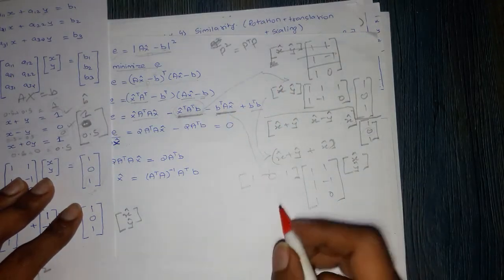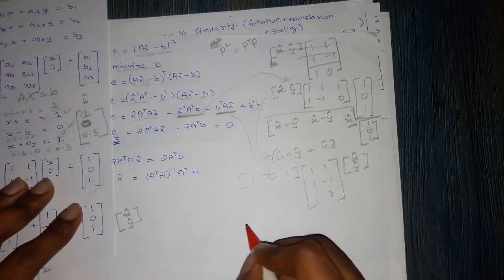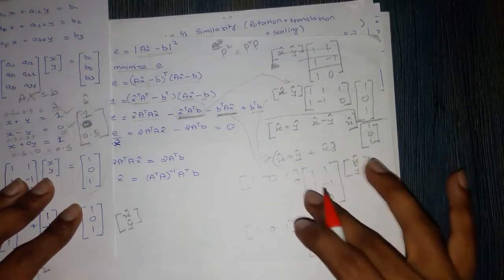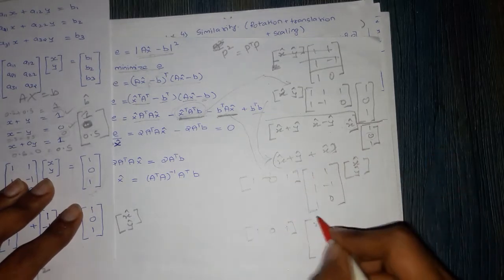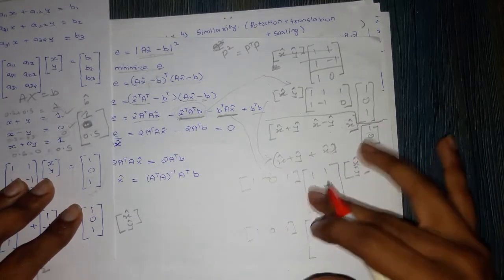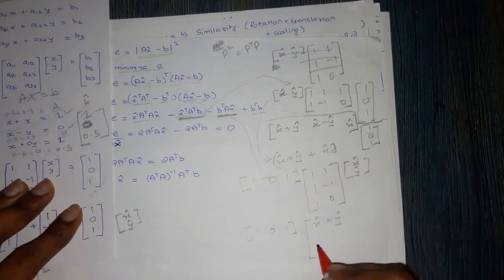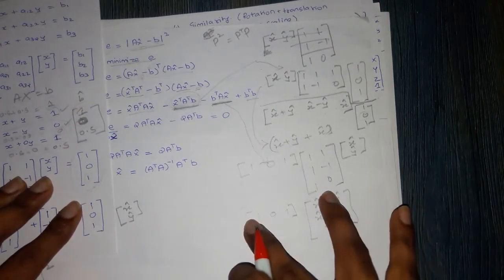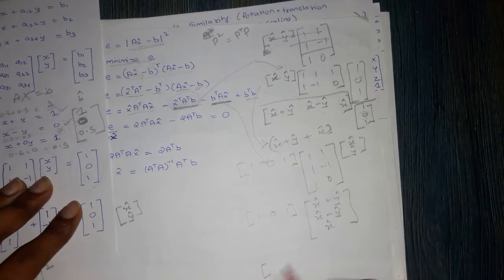So let us again just multiply this. So let me just keep this like this, and I'm multiplying this. So x cap plus y cap, then second x cap minus y cap, then I have x cap. So this is what I get. Now multiplying this, I get x cap plus y cap, x cap plus y cap.